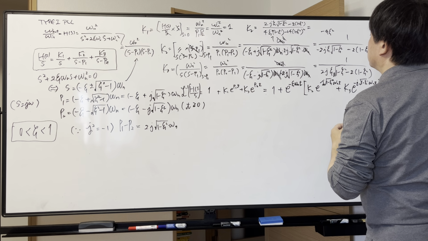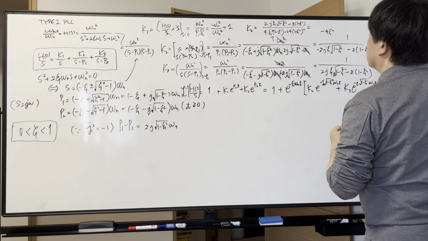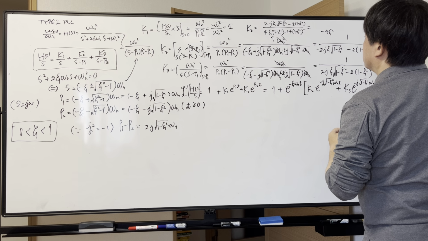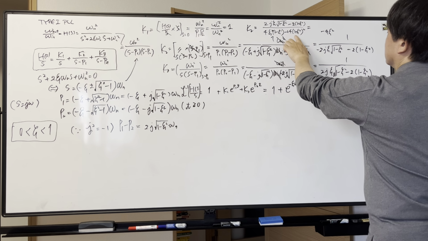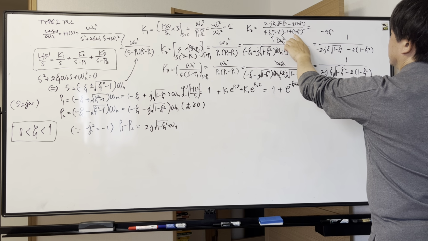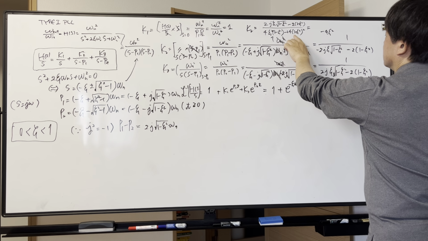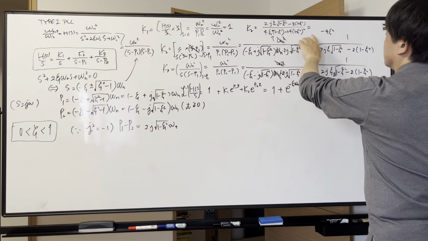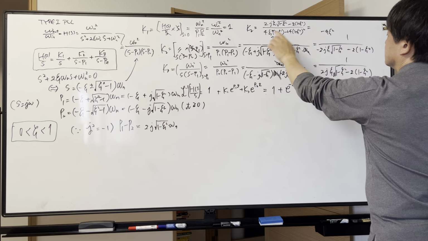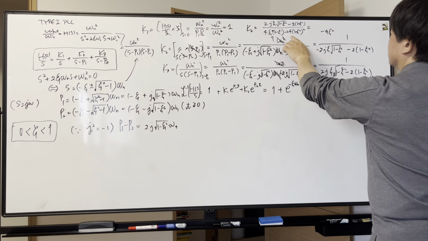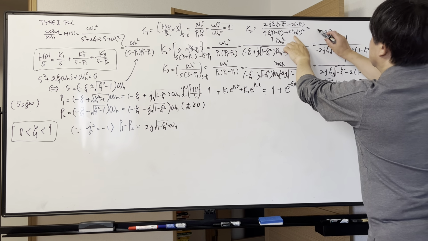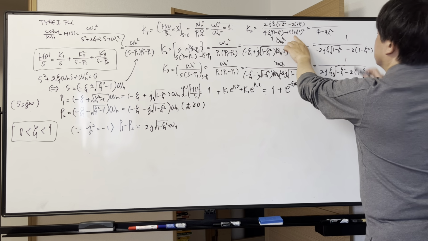So this one is plus minus 8 zeta squared, so minus 4. This is just 4, and this is this.